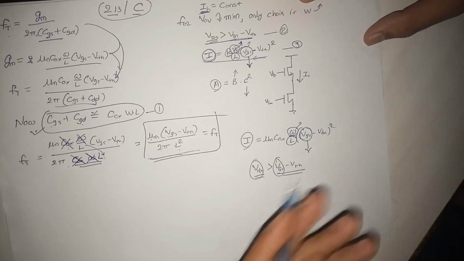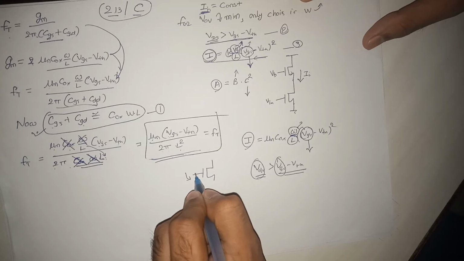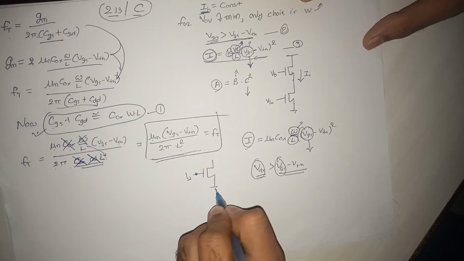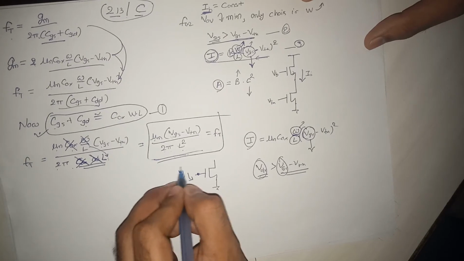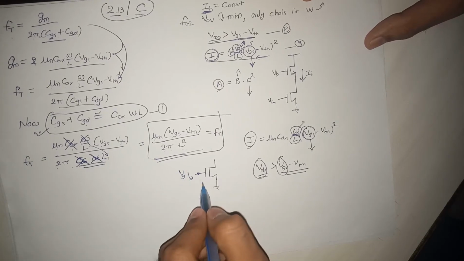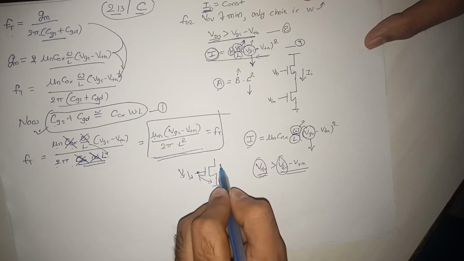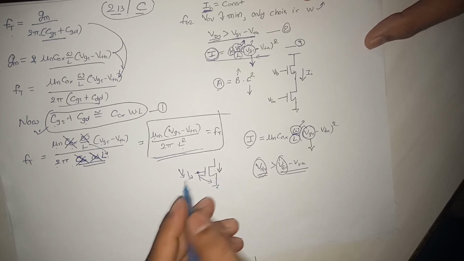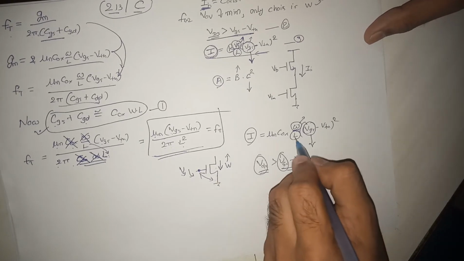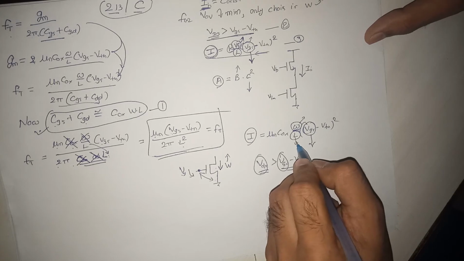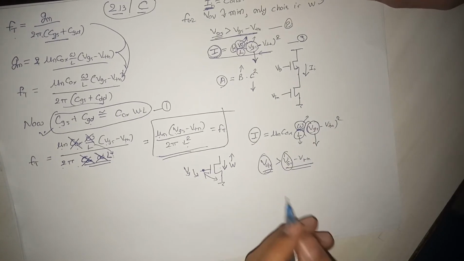So what that means is, if you want lower bias voltage here, don't confuse between bias current and bias voltage. I'm talking about the DC gate voltage. If you want to bias it with lower gate voltage and you want exactly the same current as before, you can increase the width of it, or else you can decrease the length of it, but we are not discussing length because length can be limited by the foundry.